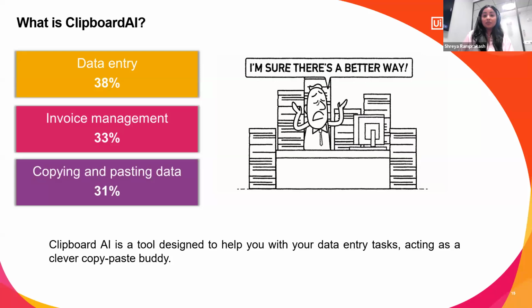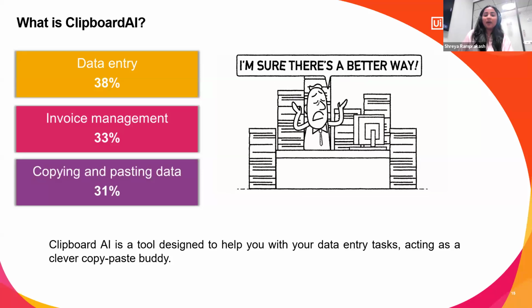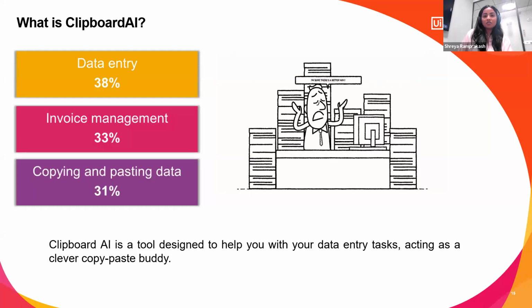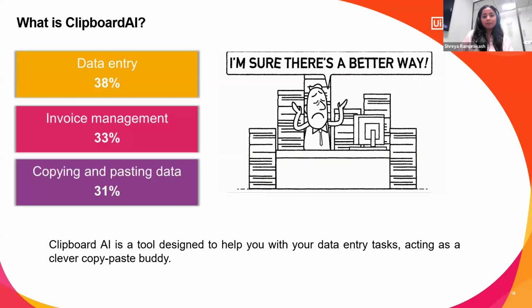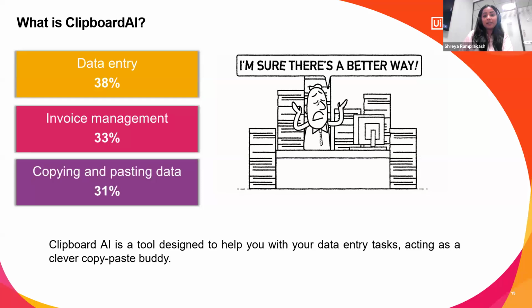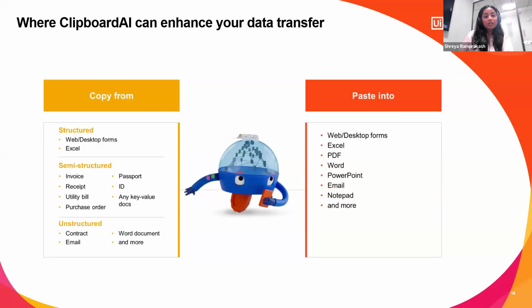And 31% of working hours is quite a large chunk of time, considering there would be very little productivity when you're doing menial copy and paste. So that is where Clipboard AI comes into play. Clipboard AI is a smart copy and paste tool, which was also named one of Time's best inventions of 2023.